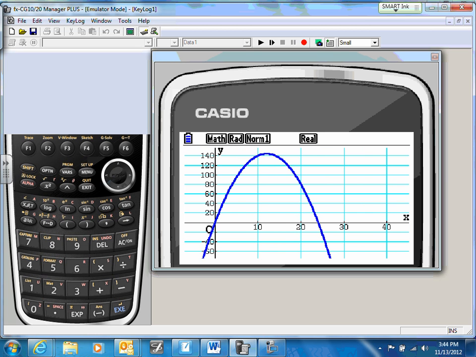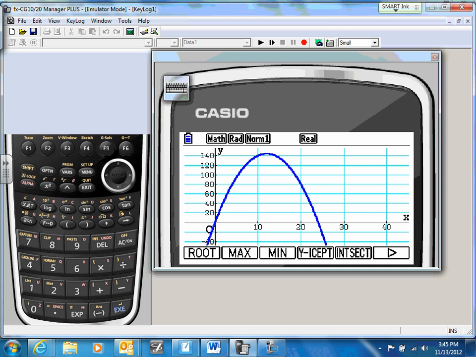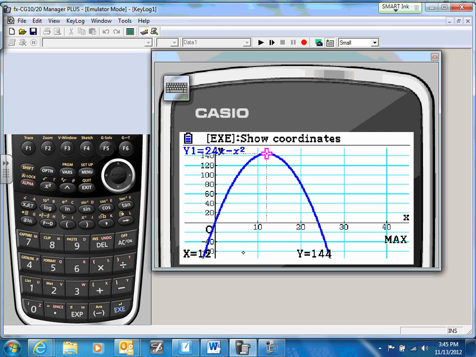All right, now, when we want to find the maximum area, it's basically defined right here at our maximum. So we want to find our maximum. So we G-Solve. We're going for maximum. And we're going to have a maximum area of 144 when the x value is 12.